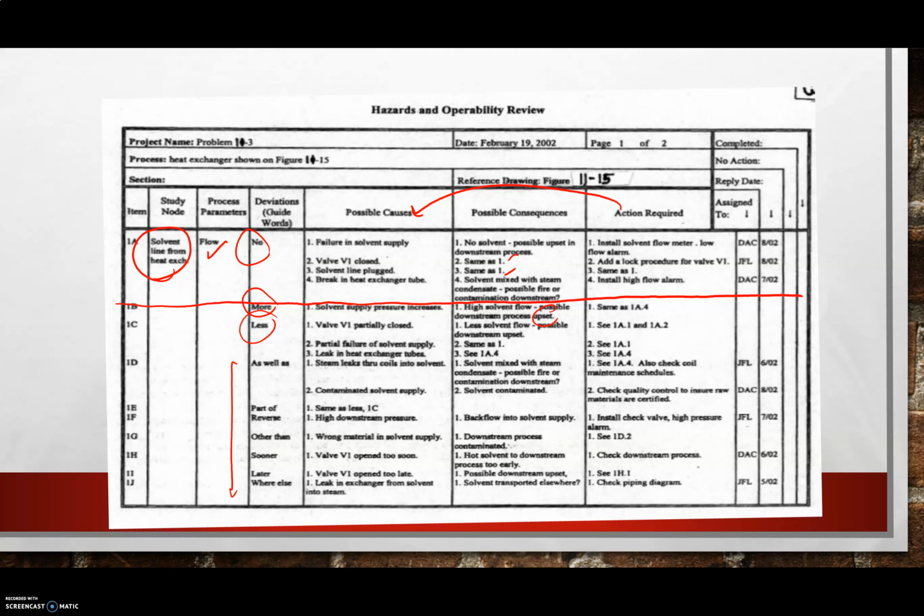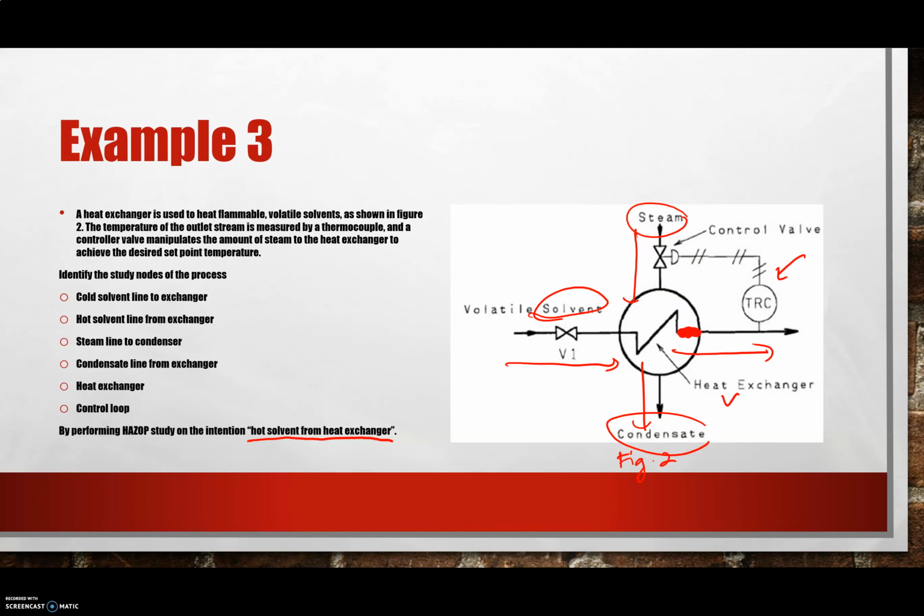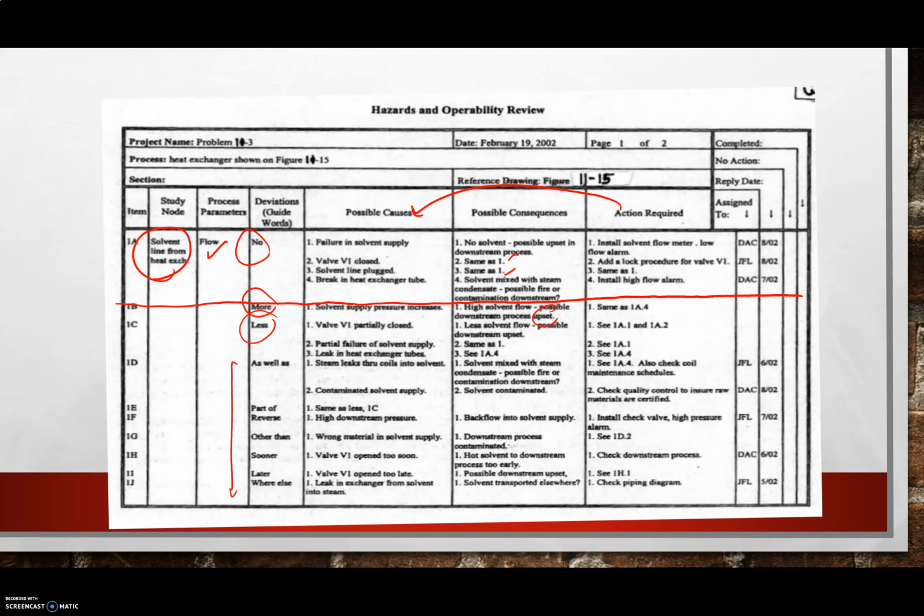But you also can use another process parameter after you have done this analysis. Then you have solvent line from heat exchanger, but the process parameter is temperature. Remember, because this is a heat exchanger and they are carrying hot solvent. When the design intent has some relationship to another process parameter, then you can use it in your HAZOP studies.